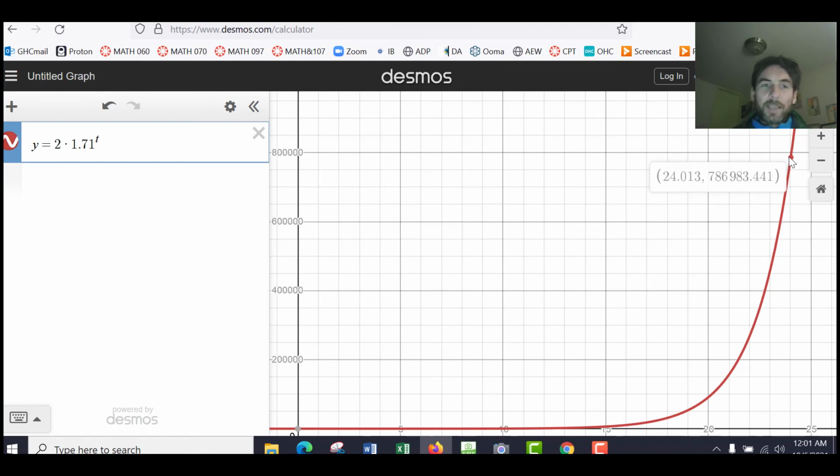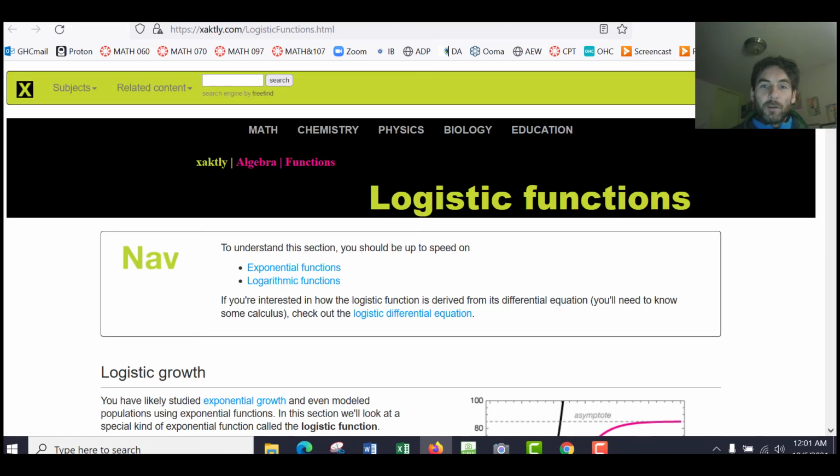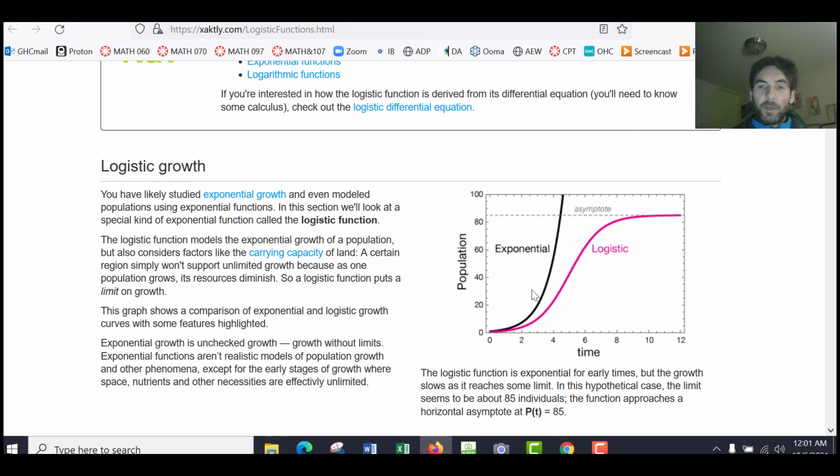Now, of course, once again, this is an exponential model for a population, and populations cannot just keep going on forever. That's silly, right? And so let's have a look at what it would really be. So the black is like your exponential, and your pink here is your logistic. So really the population is going to look more like a logistic curve. The rat population will go up until there's some sort of limiting factor, such as they've used up all of the food they can eat or whatever, right?